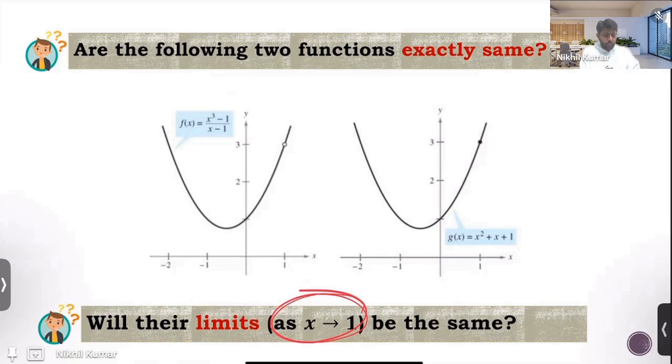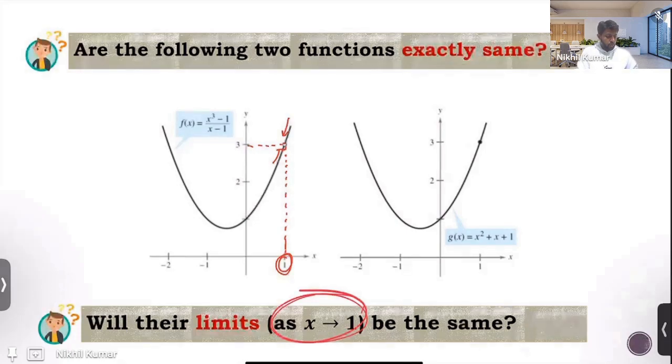What we did there was, if we had to find the limit at a point, we approached it from the left side and from the right side. Whichever value we got, that was the limit, irrespective of whether that function was actually defined at x equal to 1 or not.